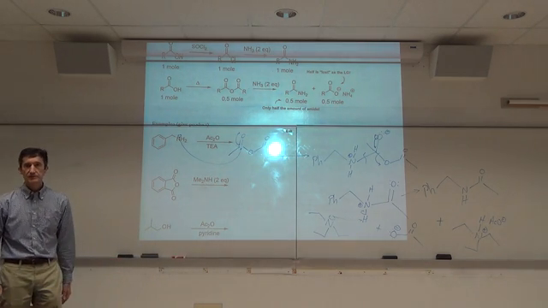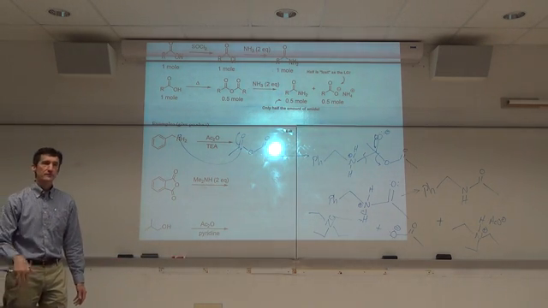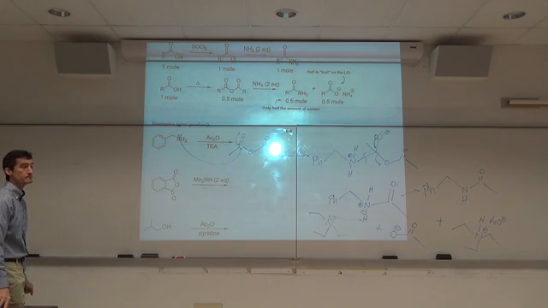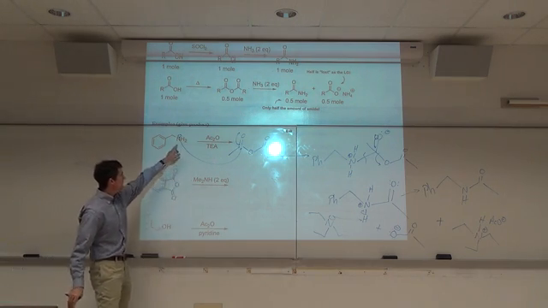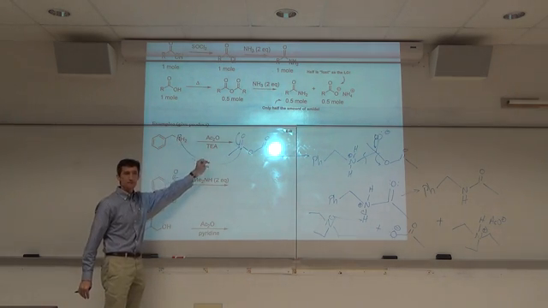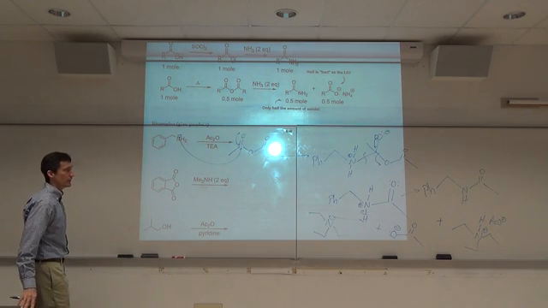Or you can make acetic acid first and then have triethylamine take the H from acetic acid and you make triethylamine acetate that way. Acetic acid is strong enough to protonate this amine, so you want to include a base to take care of the acetic acid that would otherwise be formed.